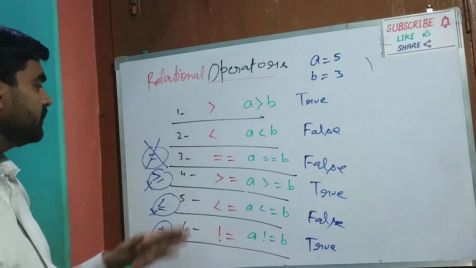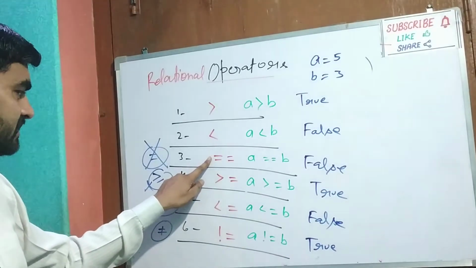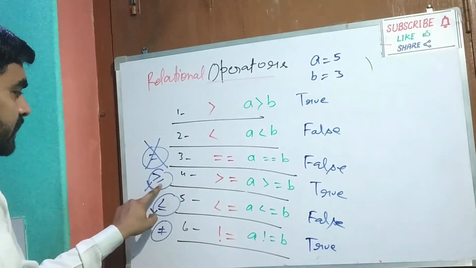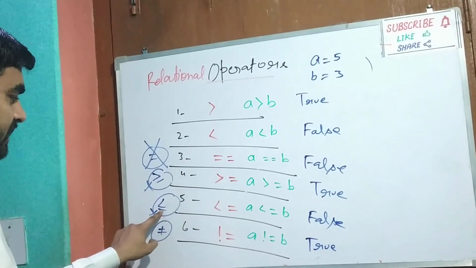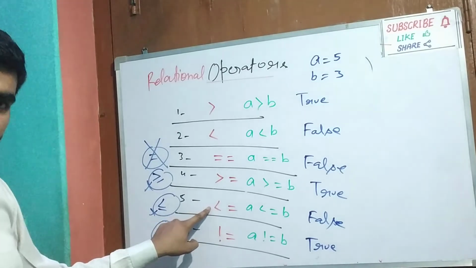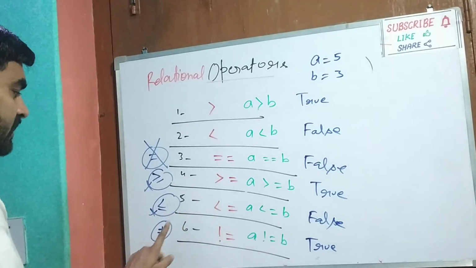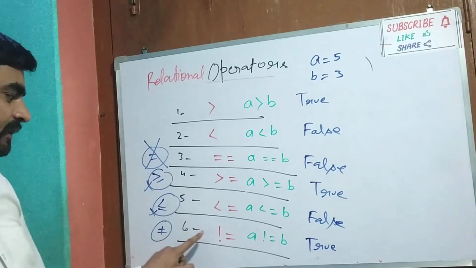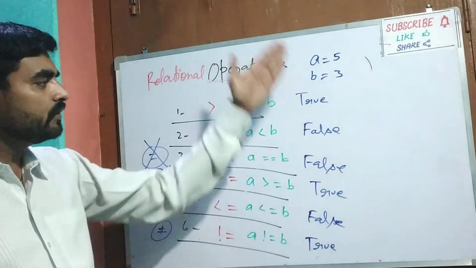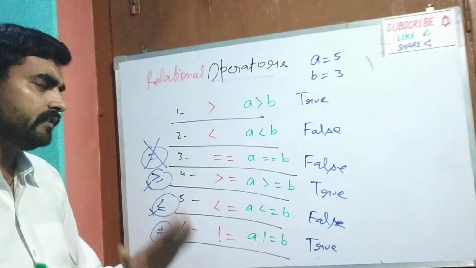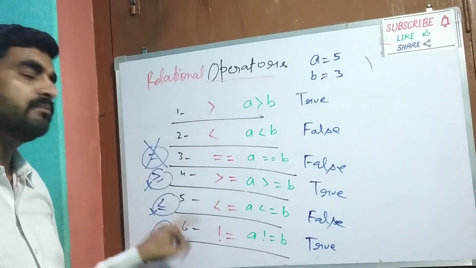So students, you have learned 4 new points. Equal to is this. Instead of the math symbol for greater than or equal to, you will write that symbol. Instead of writing less than equal to, you should write this one, and instead of writing not equal, you should write like that. So students, I hope it is very clear. If you are not getting this answer, don't worry, you only have to know the symbols.